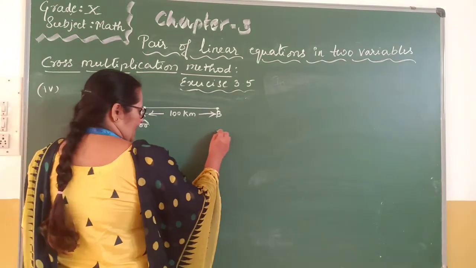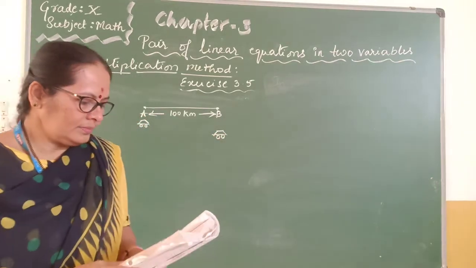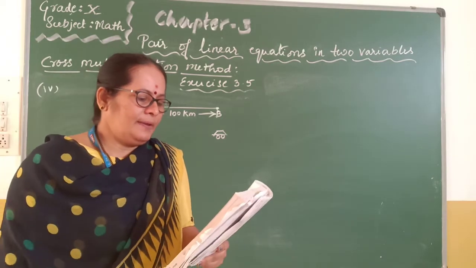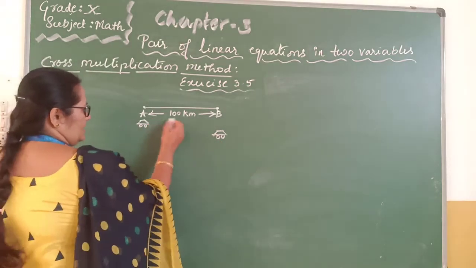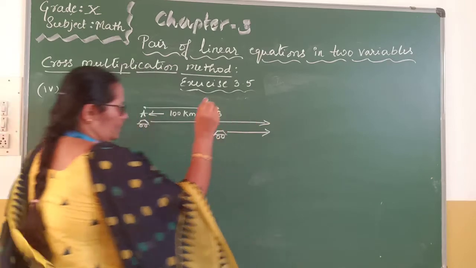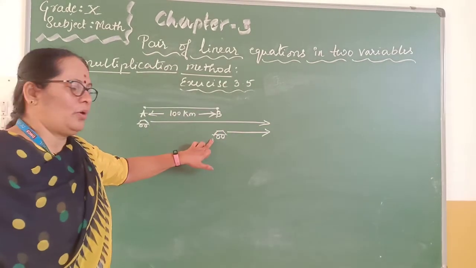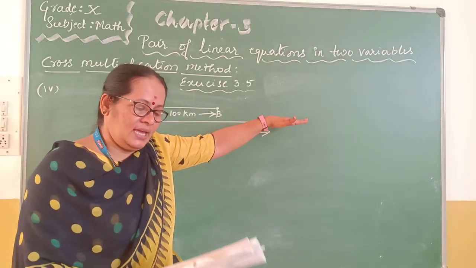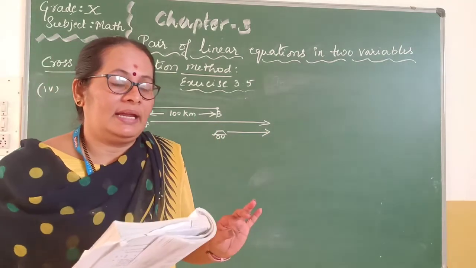One more car is from B, and they move in the same direction. Both the cars are moving in the same direction at different speeds.